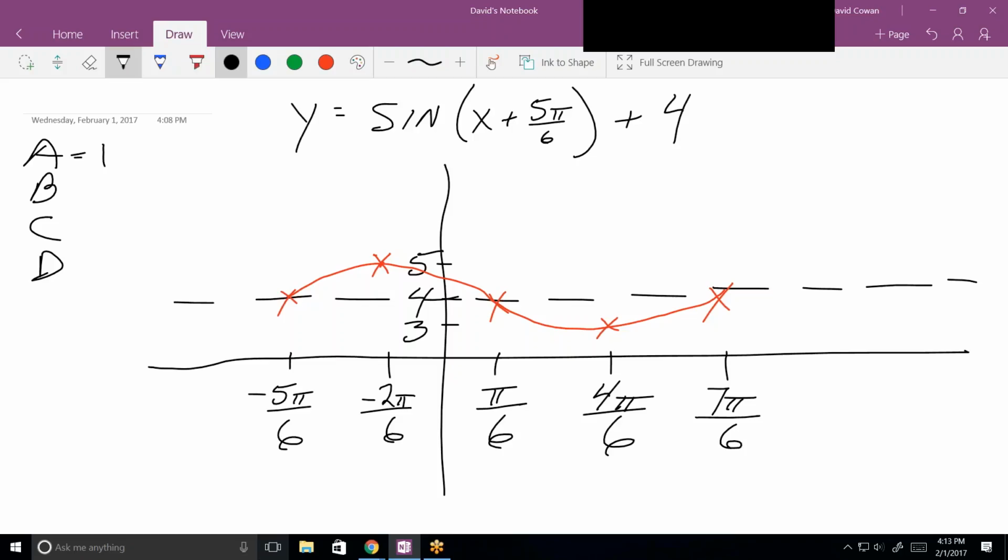And I get that by taking 5 minus 3 and dividing by 2. So when they give you the curve, you can always come up with A by taking your maximum minus your minimum, divide by 2. And you can come up with D by taking your maximum plus your minimum and divide by 2.